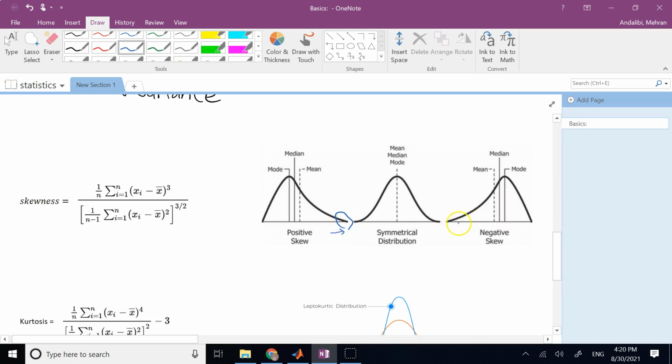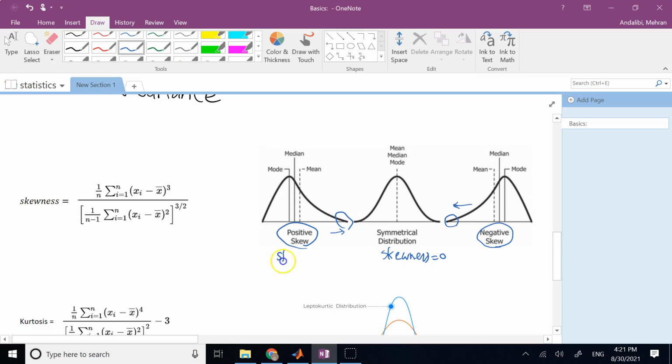If the long tail is on the left side of the median or the mode or the average, we say it's negative skew. And if it's perfectly symmetric, like the Gaussian distribution, the skewness is equal to 0. So the skewness of the normal distribution is 0.